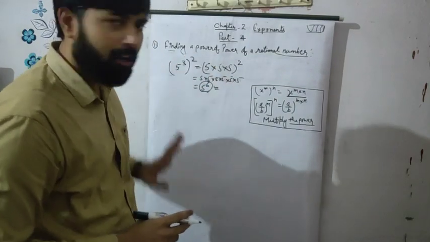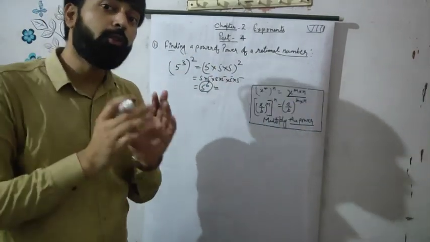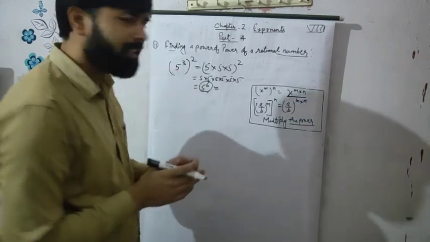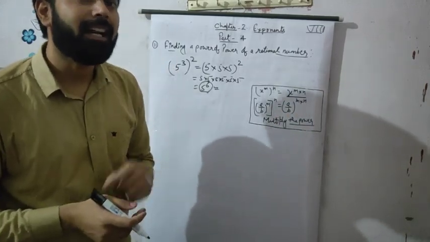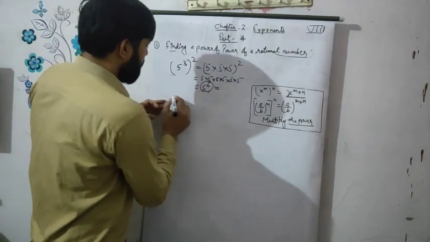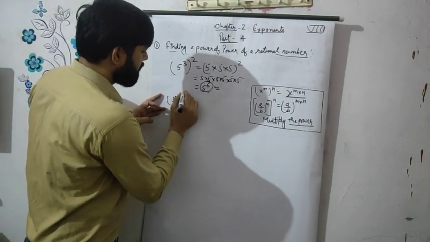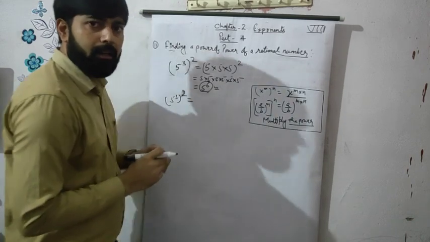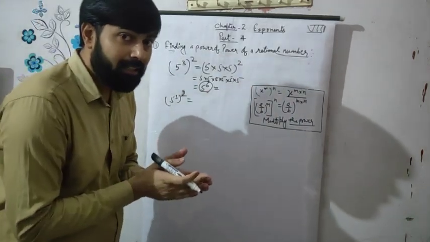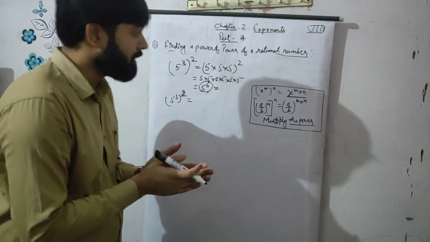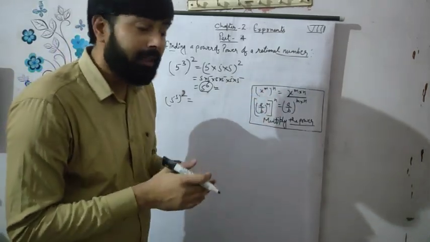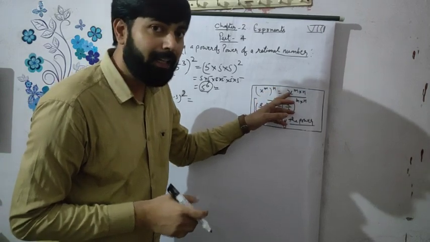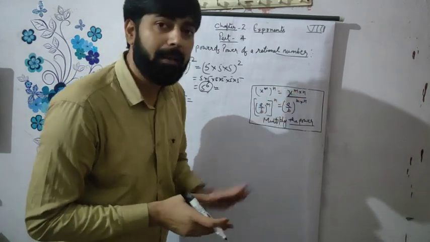This is a long, time-taking process, but if you know the laws of exponent, you can solve this question easily in a single line. 5 raised to the power 3, raised to the power 2. And what is the second law of exponent? If any rational number x to the power m is raised to the power n, then we find the answer by x to the power m multiplied by n.